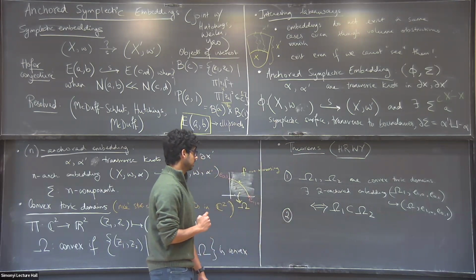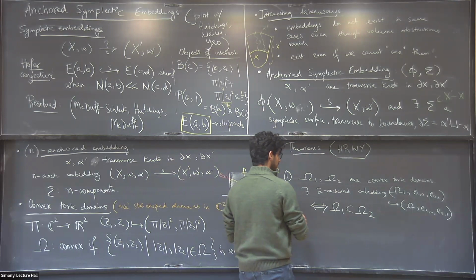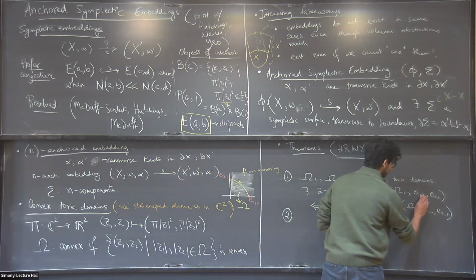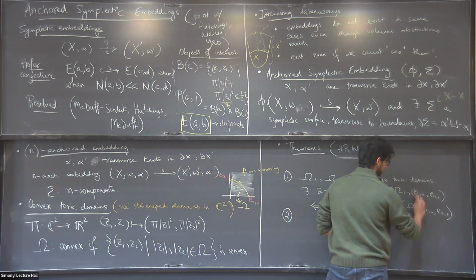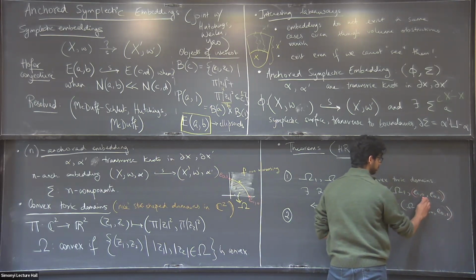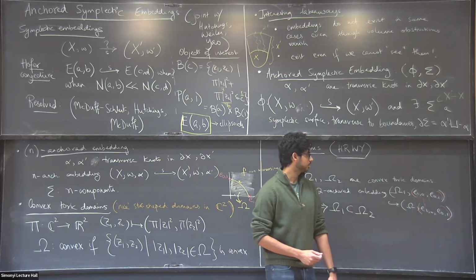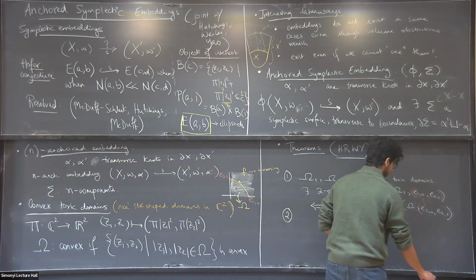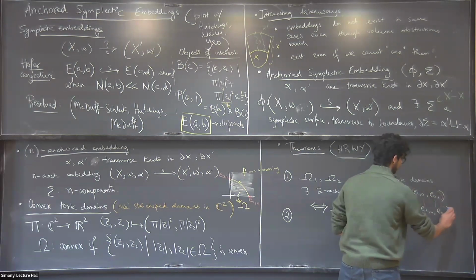The second theorem is, so the two anchored embedding means that you respect this order. So there's a component of the anchor with ends at E10 on either end, and a component of the anchor with ends at E01 on either end.